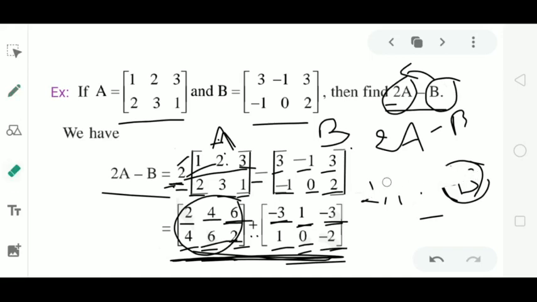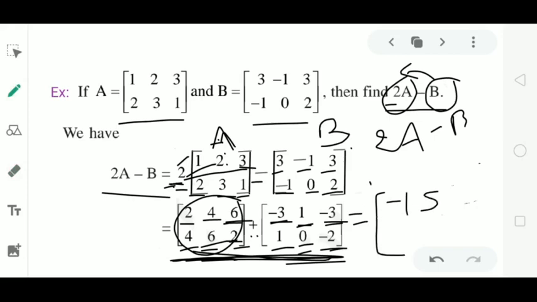Then the result of this matrix is minus 1, 5, 3, 5, 6, 0.